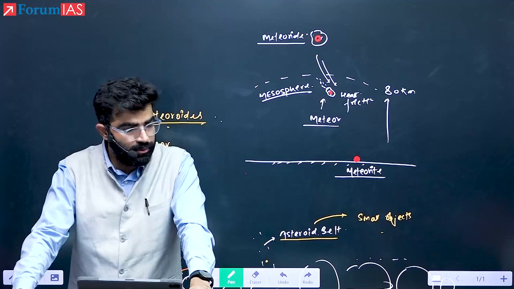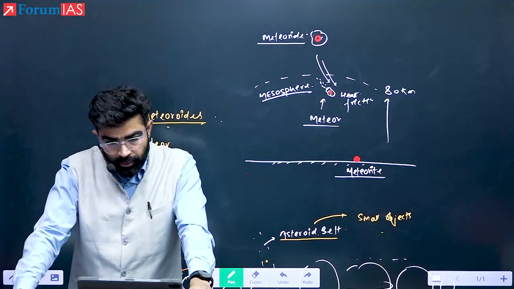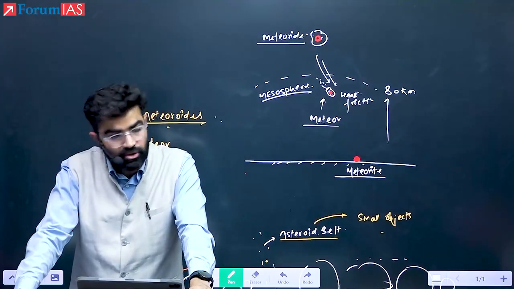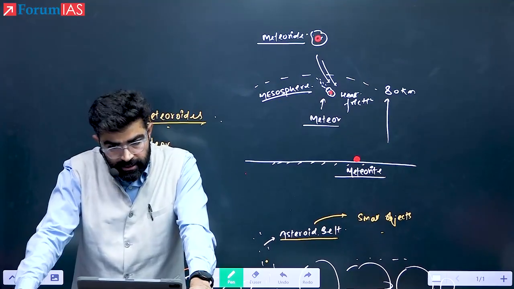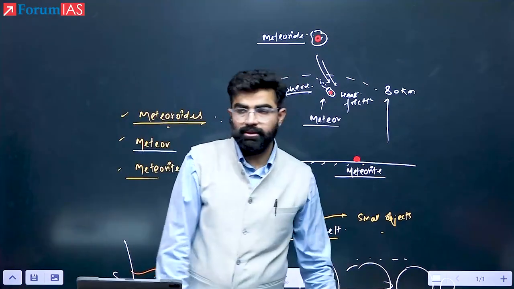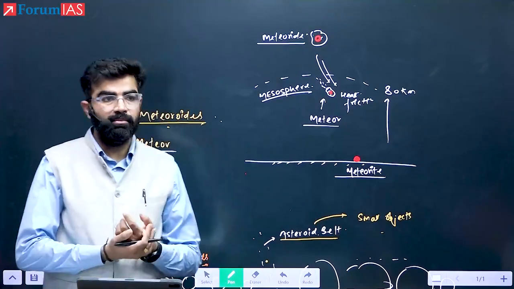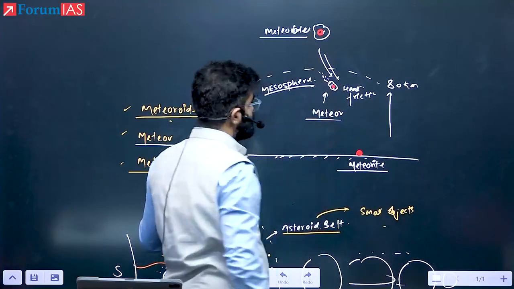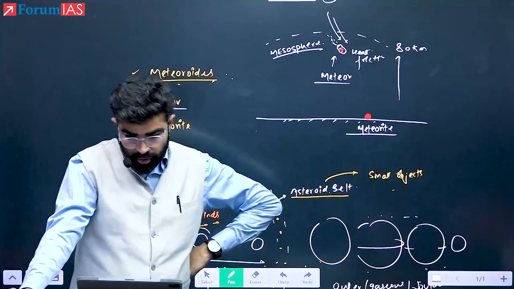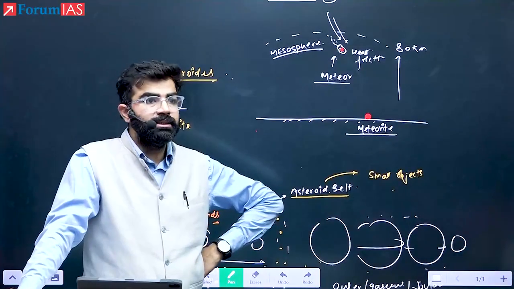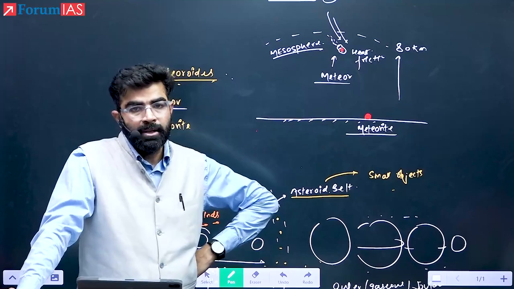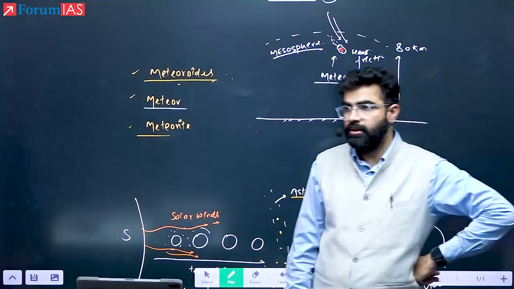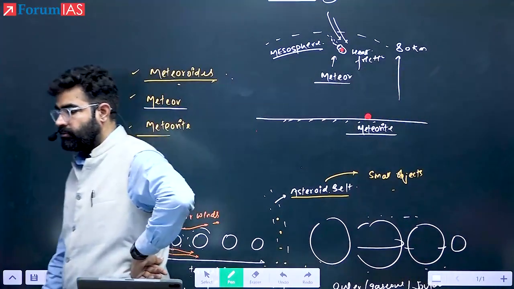Okay, next, meteor. Meteors are meteoroids entering into Earth's atmosphere. They burn inside the mesosphere due to intense heat and friction.